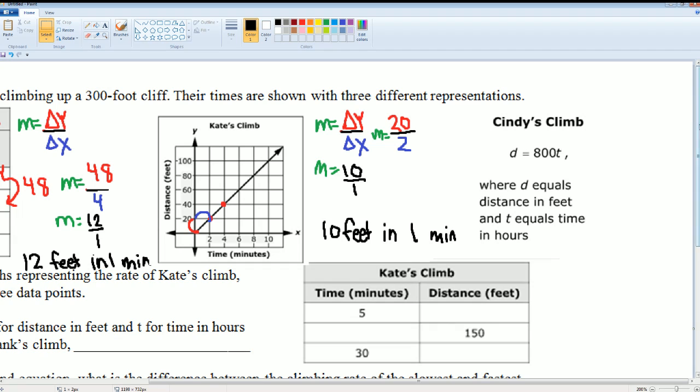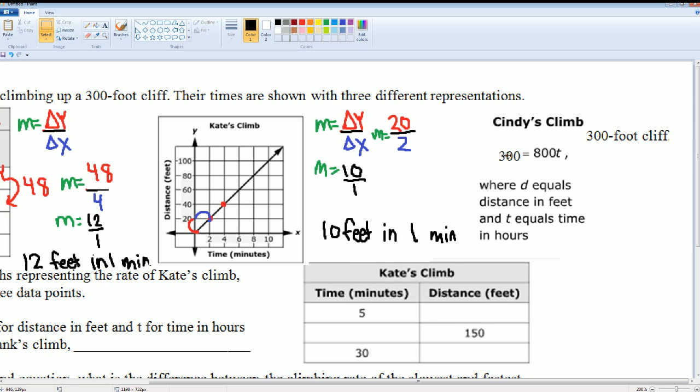Cindy, what is wrong with your equation? Give me one second. It seems like Cindy's climb is weird. But notice they are all climbing a 300-foot cliff, would you agree? So her distance here, do you see the D? I can just take that out and put 300 here.